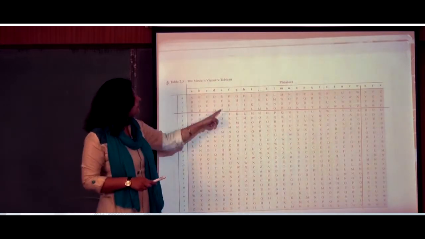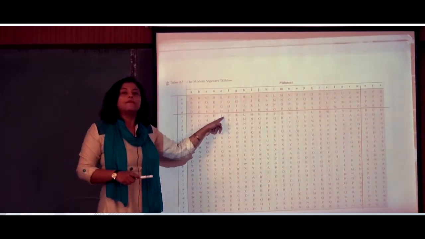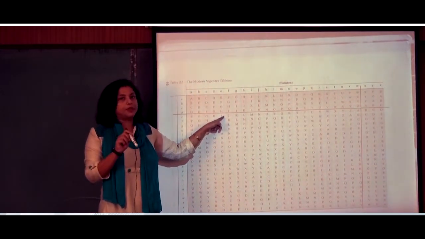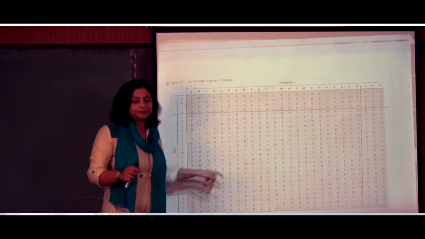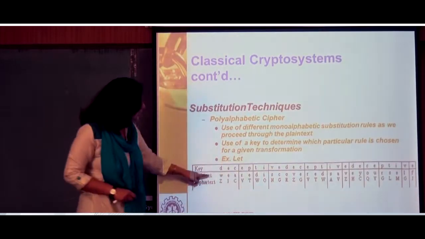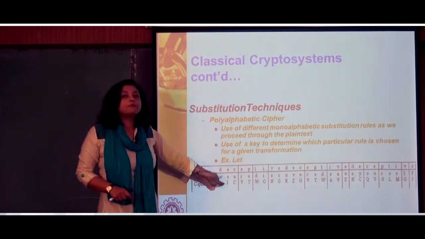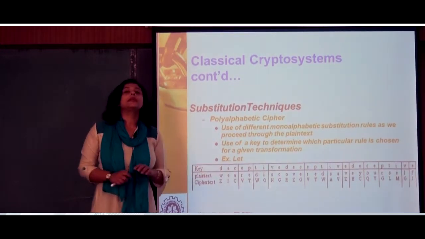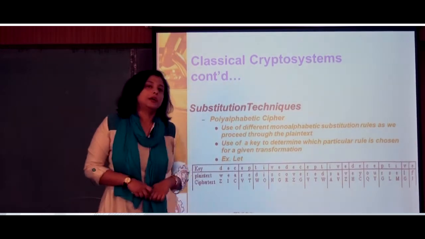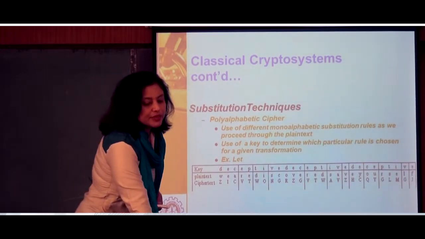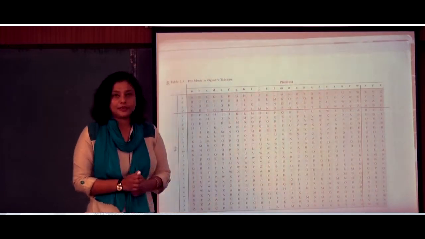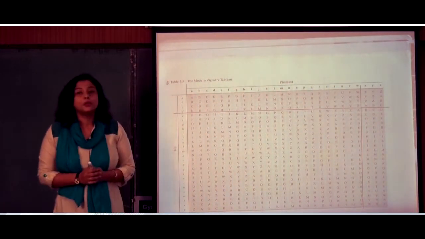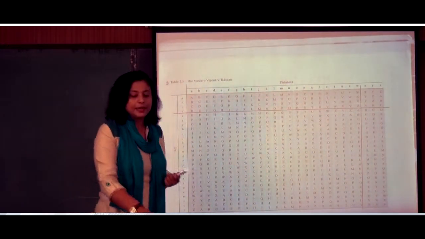So, the intersection of the two lines will give you the ciphertext for that particular plain text. In this case, it is I. So, here E has been replaced by the ciphertext letter I. In this fashion, you can carry on with your ciphertexting. So, this is called the polyalphabetic cipher, and the table which we are using is called the Regina Table.